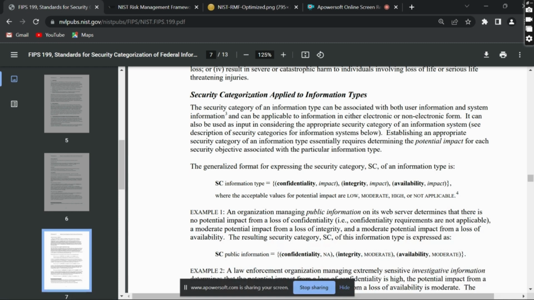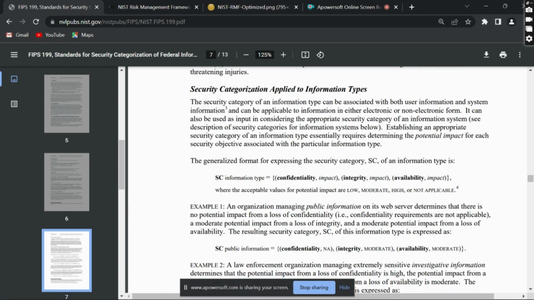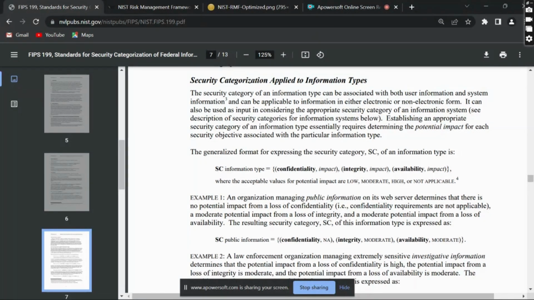So when we are continuing with selection of controls, you can get this, okay? Security categorization: how to categorize the system. The security category of an information type can be associated with both user information and system information.